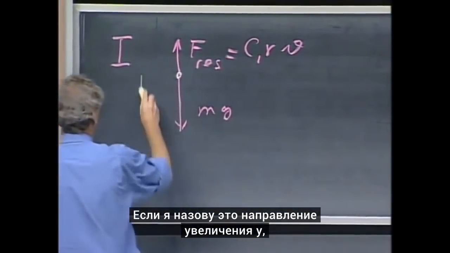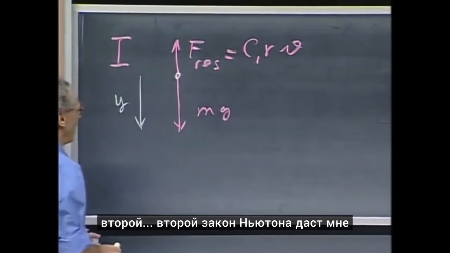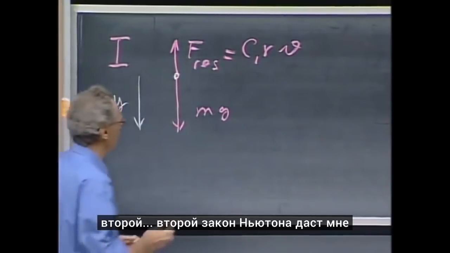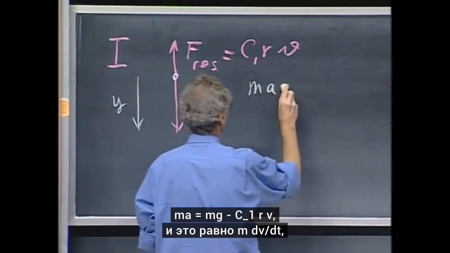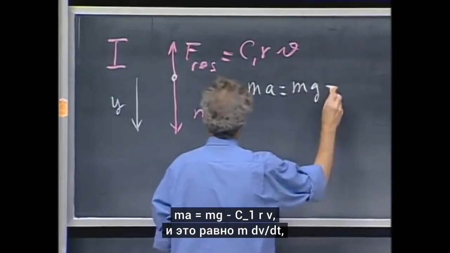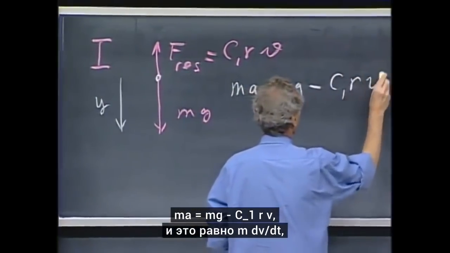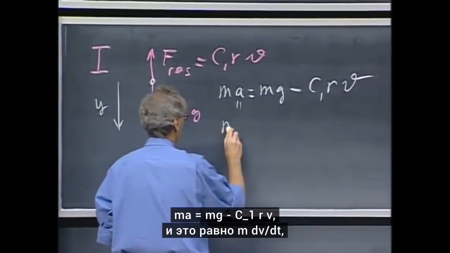And so if I call this the increasing value of y, Newton's second law would give me ma equals mg minus C1 r times v. And this equals m dv/dt.